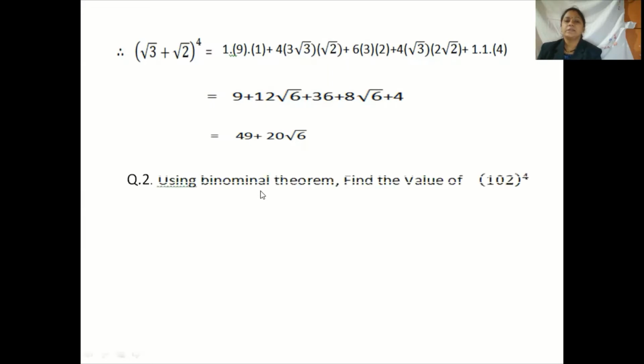Now see the second example. Using binomial theorem, find the value of 102^4.